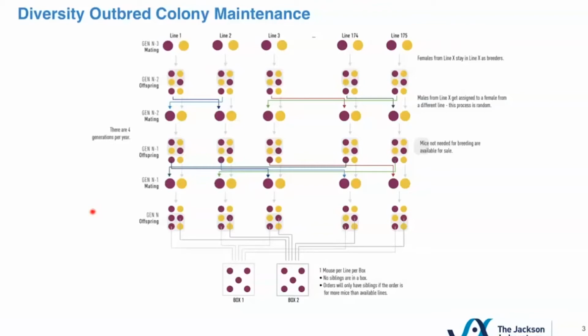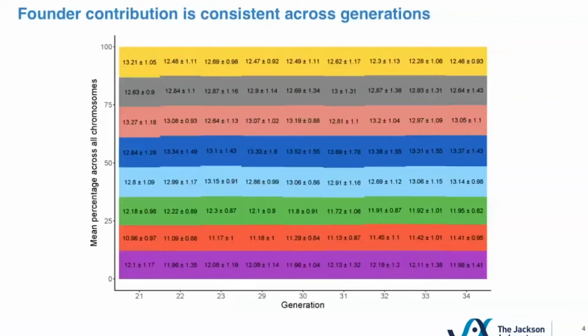At this point, we are about generation 40 of this population, so we've been maintaining it for almost 10 years now. And that's one of the reasons why we did this analysis that I'm going to tell you about.